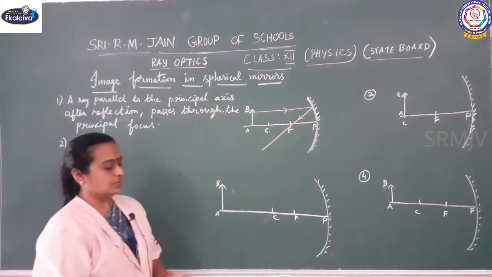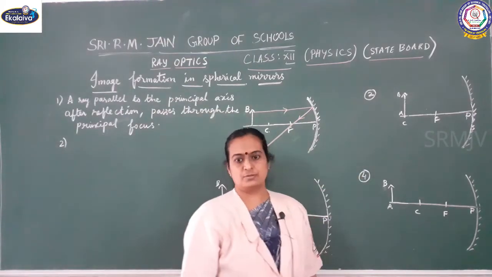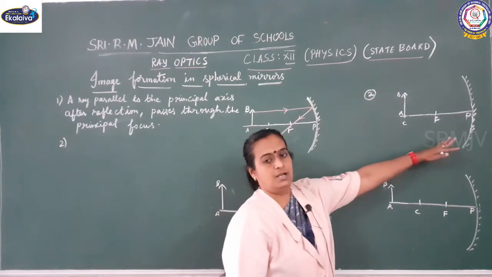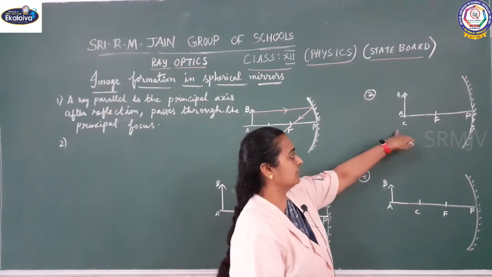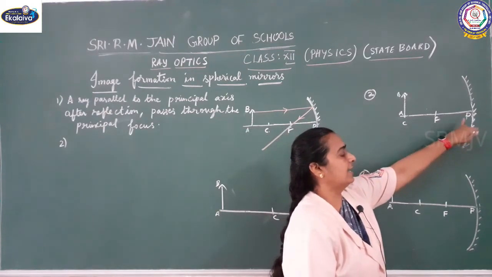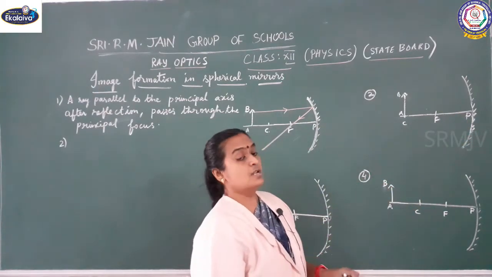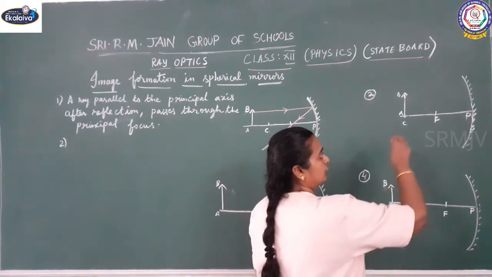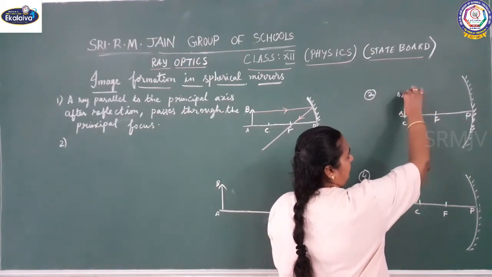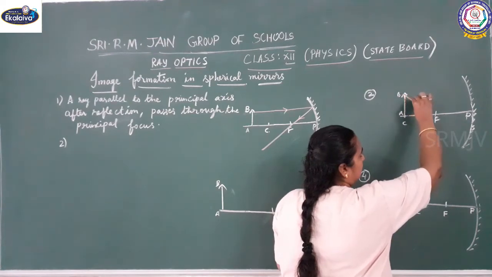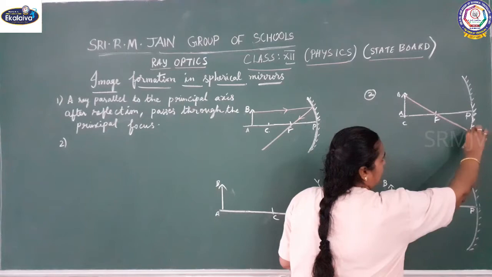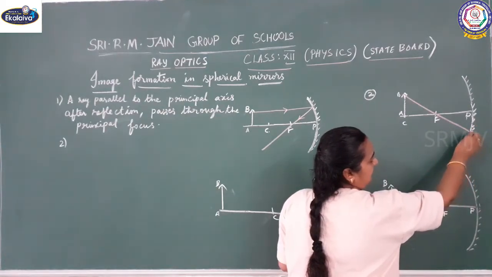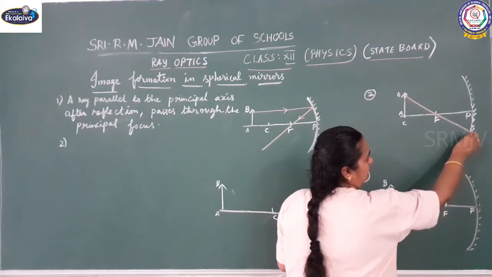Okay. Now let us move on to the second rule. Again the same mirror here, of course it is a concave mirror. This is the object. Again focus and pole, right? Now this time I am going to consider the incident ray to pass through the principal focus. The ray is incident at this point of the mirror.